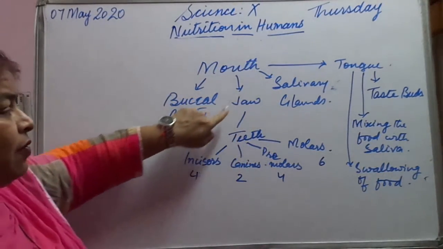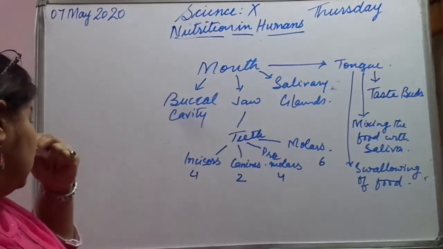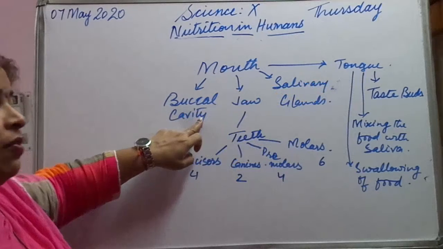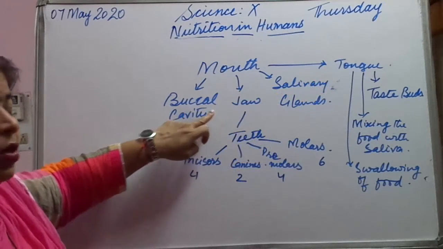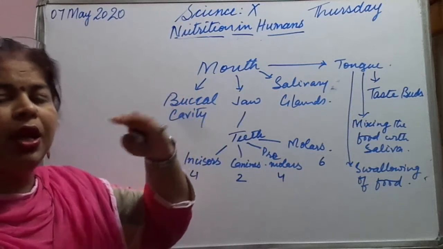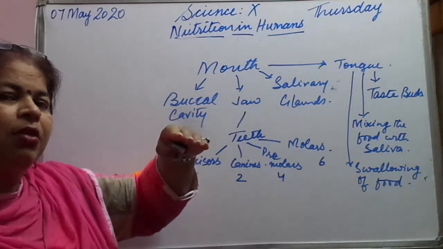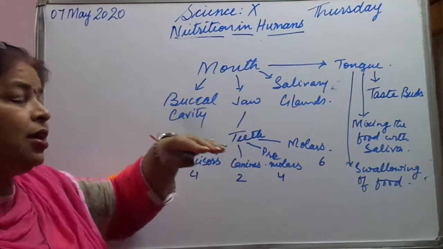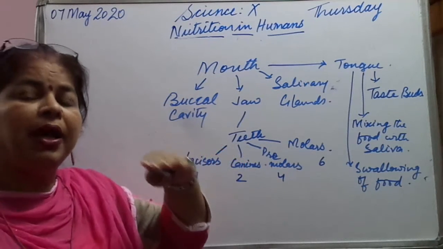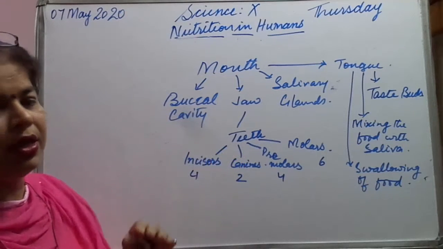The mouth has buccal cavity, jaw, salivary glands, and tongue. Now, the buccal cavity is an opening which is bound by the upper jaw and the lower jaw. The upper jaw has the upper palate, and it helps in partitioning the nasal cavity and oral cavity.